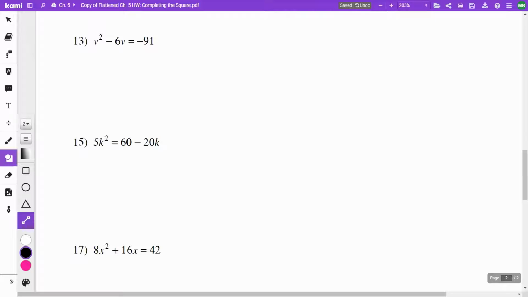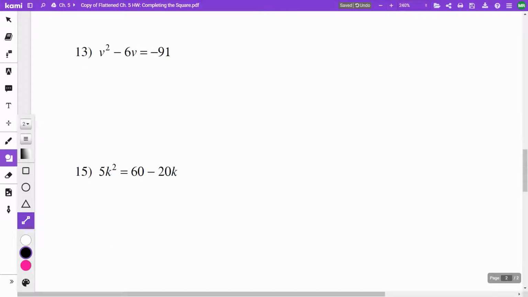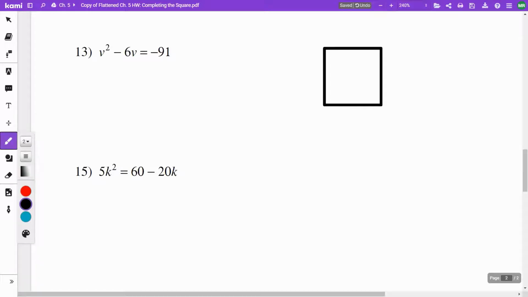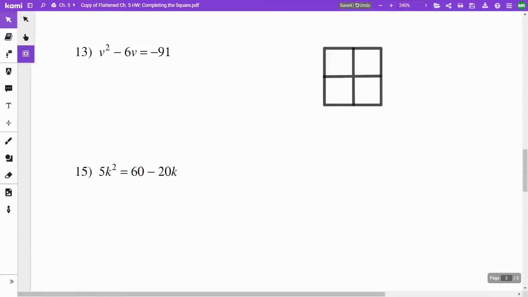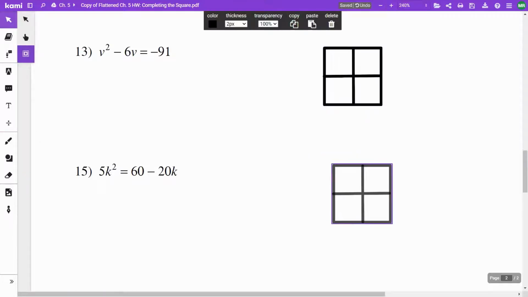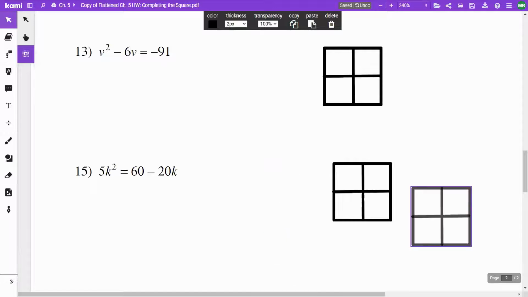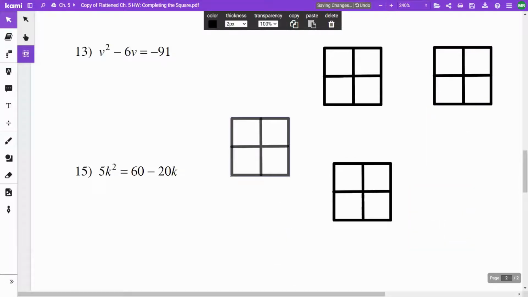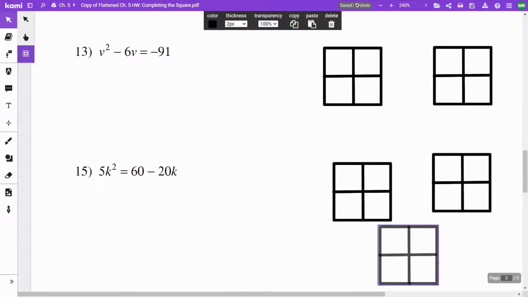Okay, so for this, and eventually our goal is to be able to do this without having to make a box every single time. But pretend that that actually looked like a square. I'm just going to grab a few here so I've got them.